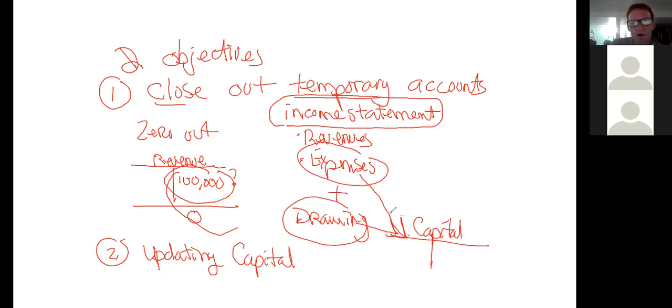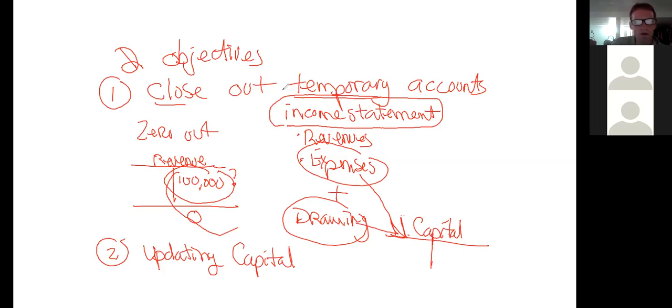Most companies, most organizations look at their financial statements monthly. And so what they do is they do an accounting close. Every month, they'll zero out the temporary accounts and transfer everything into capital to get a sense of the financial statements and see how the company is performing.